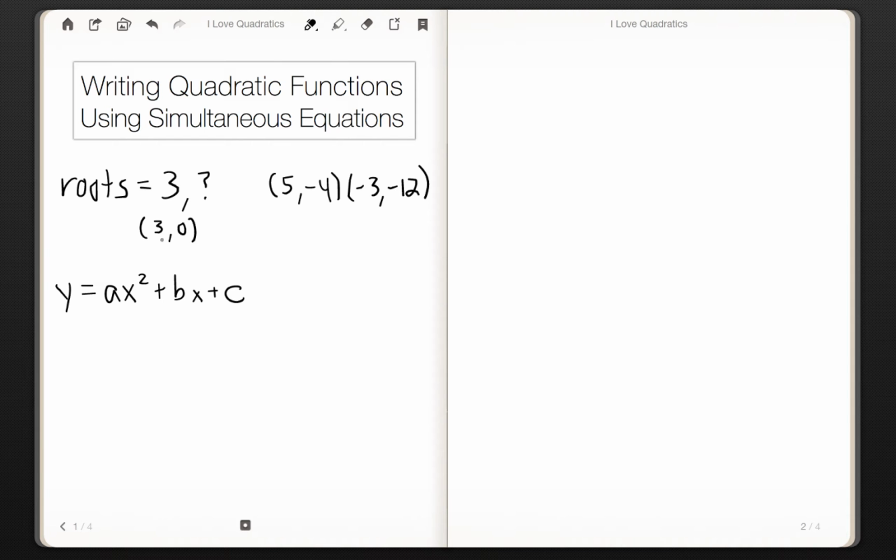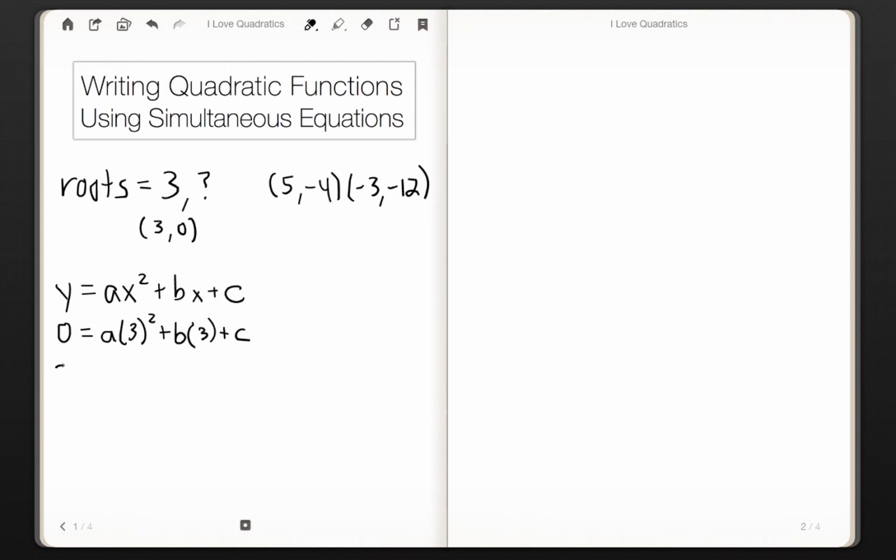So let's start with this point here. Y value of 0 equals a times x of 3 squared, so that's going to be a times 3 squared plus b times x of 3 plus c. Now let's make another equation using this point, (5, -4).